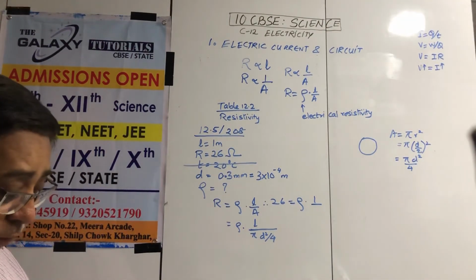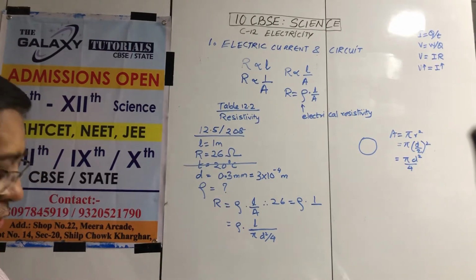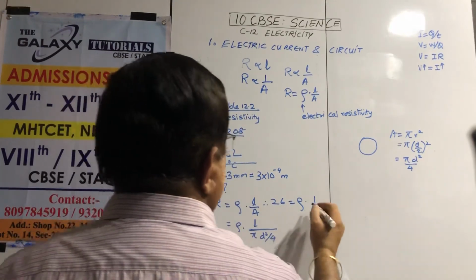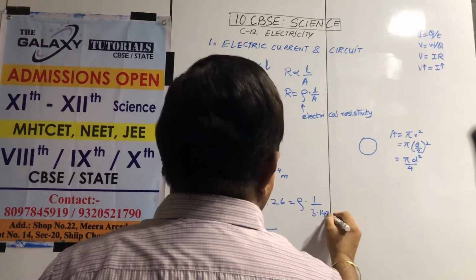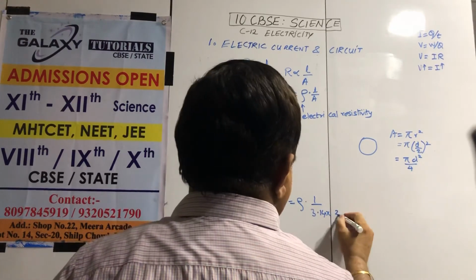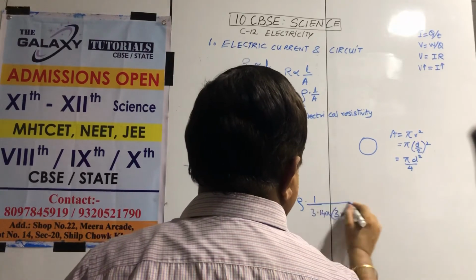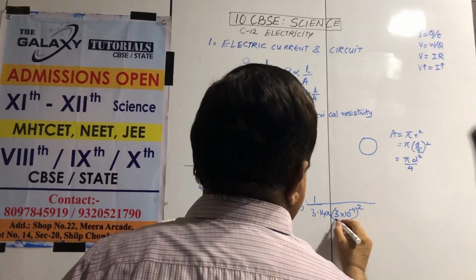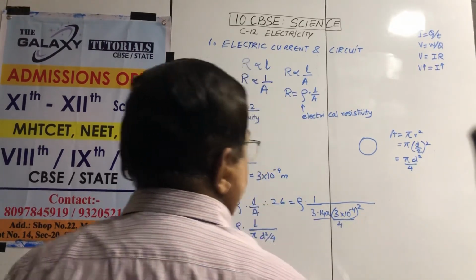Now when we substitute the values which are given, pi is 22 upon 7 or 3.14, I get rho as 1 upon 3.14 into d, which is 3 into 10 raised to minus 4, squared, divided by 4.